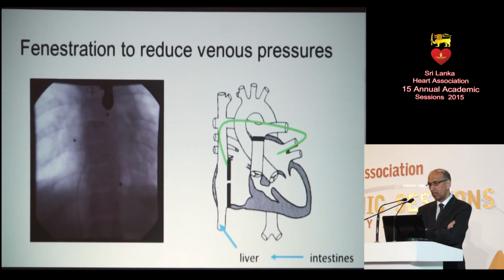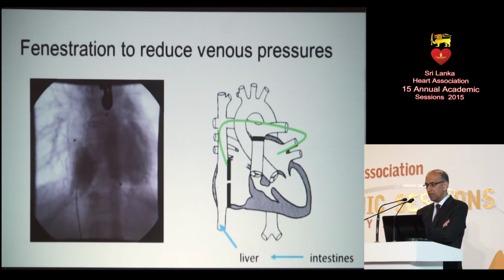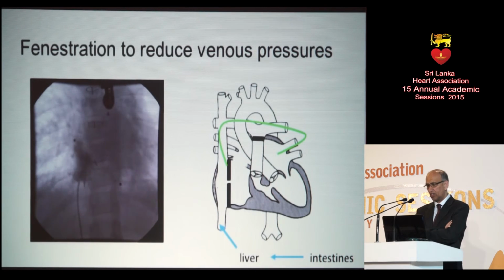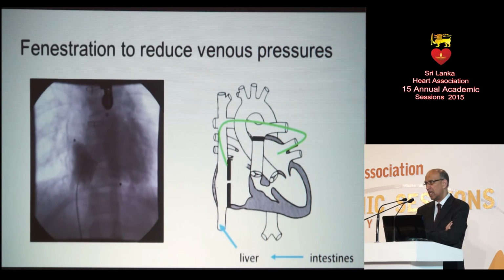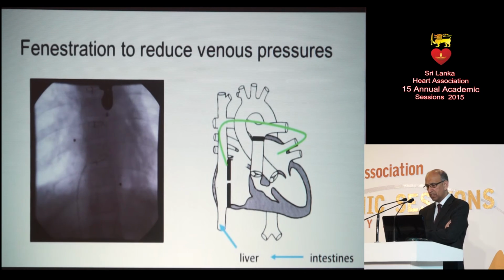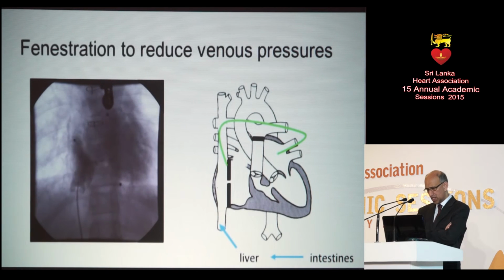So it's just going on venous pressures. And for any reason, if the pulmonary arterial resistance were to go up, that will block the circulation. The fenestration acts as a let-off valve, if you like, to allow offloading of some of the venous return back onto the other side. The price you pay, of course, is desaturation.